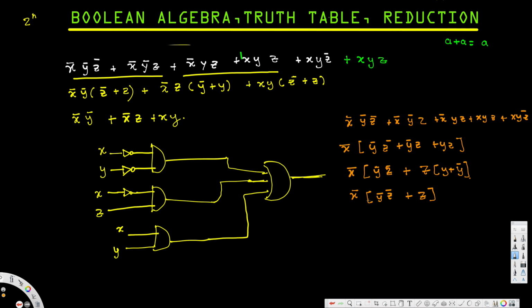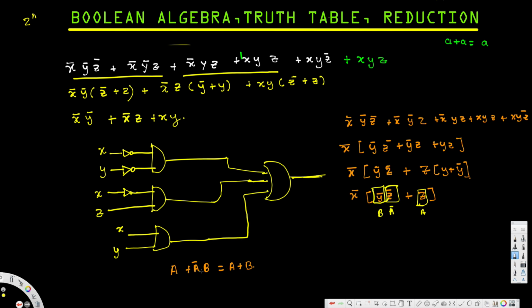In this one, whenever we have an expression like this, there's a rule that says if you have a plus a bar b, you can replace that with a plus b. So if we treat z as a, and y bar z bar as a bar b, we are going to have a plus b as output, right?